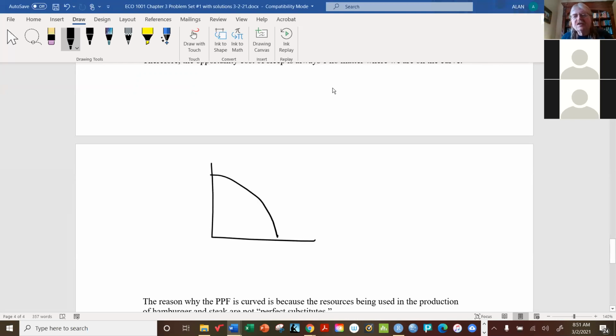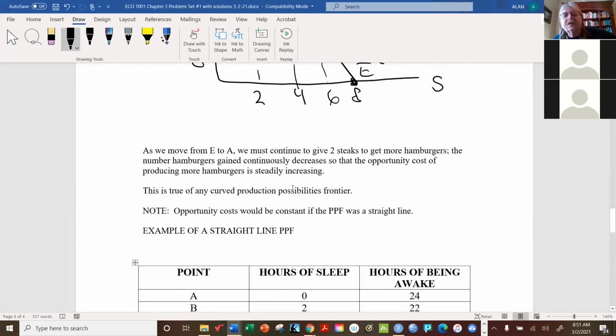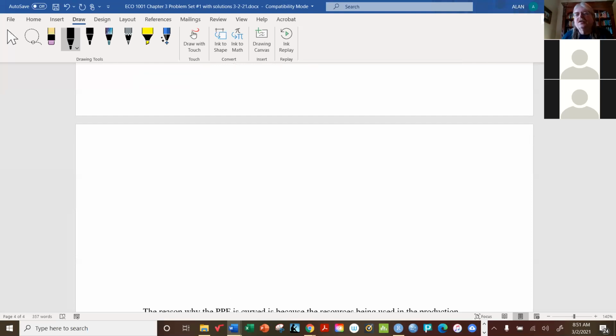And just to show that you understand what the shape looks like, that's as good as it has to get. I'm not asking you to be artists. It would be nice if you could make it more accurate, but as long as you can show the curvature and which belongs on each axis, that should be fine. So don't panic. I did say this is hard to draw properly. It would just be a little sketch, that's all.